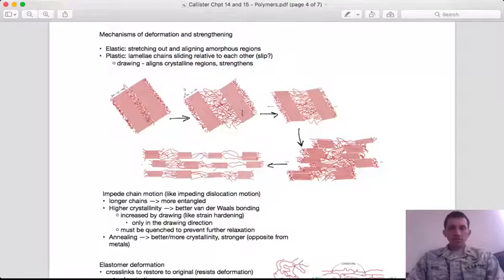And if you were to remove the load, they would relax back to the way they were, and they would coil back up.